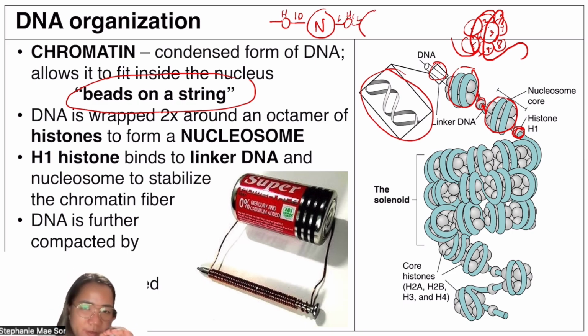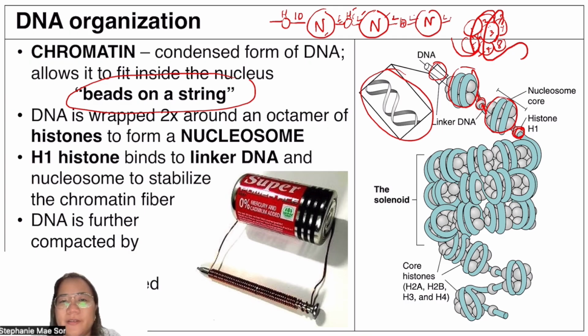So, meron ka nucleosome core, linker DNA, histone H1, nucleosome core, linker DNA, H1, linker DNA, nucleosome. So, ganun yung arrangement niya. Okay? So the binding allows it to stabilize in the chromatin fiber.